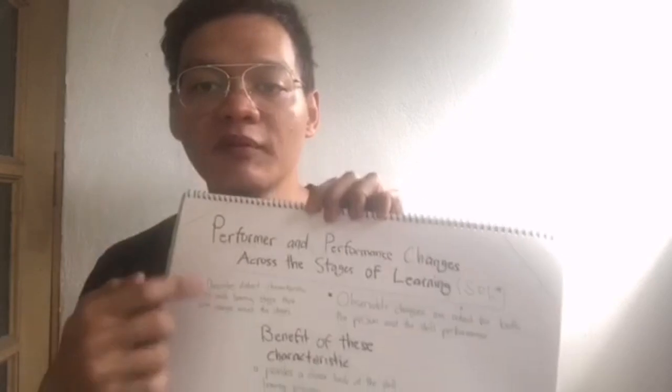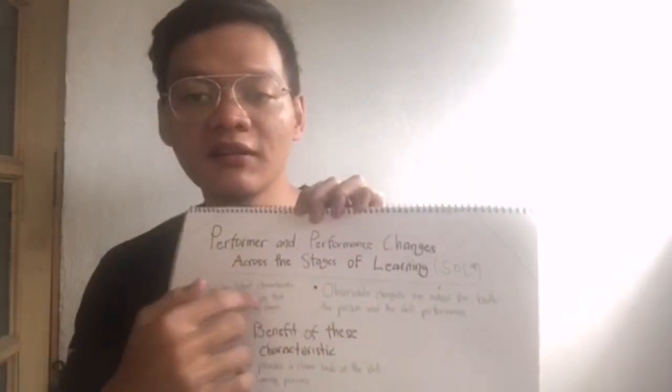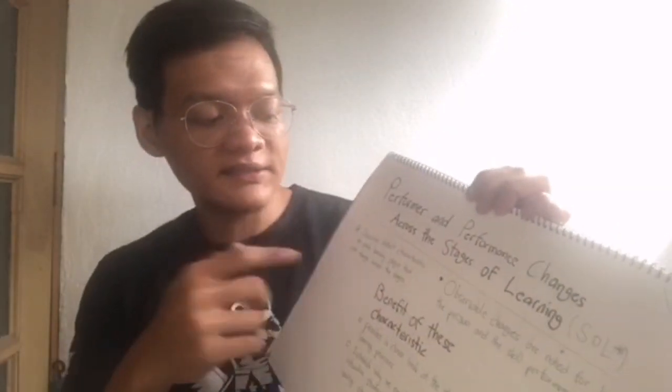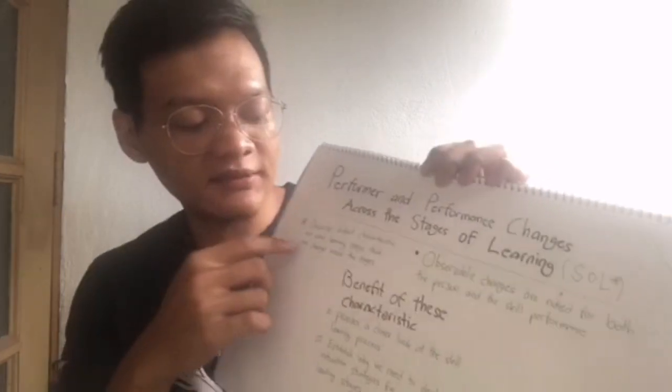My topic is how the performer and performance change across the stages of learning. So what is the stage of learning? The stages of learning describe distinct characteristics at each learning stage that change across the stages.